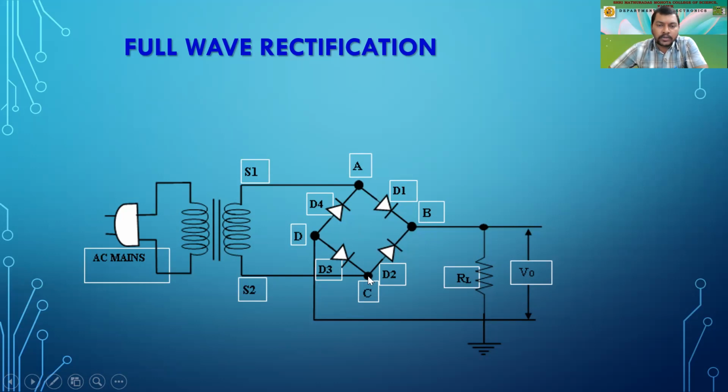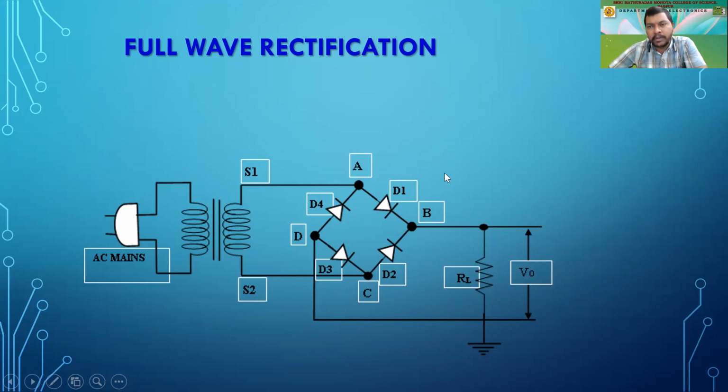In the same pattern, we are using the 2 diodes D3 and D4. The cathode of D3 is connected to the anode of D2's node side, and its anode is connected to node D, whereas the cathode of D4 is connected to A, and its anode is connected to this point. So these directions of the diodes show you how the diodes are connected. As you can see, these both diodes have the direction opposite, and these also have the same direction.